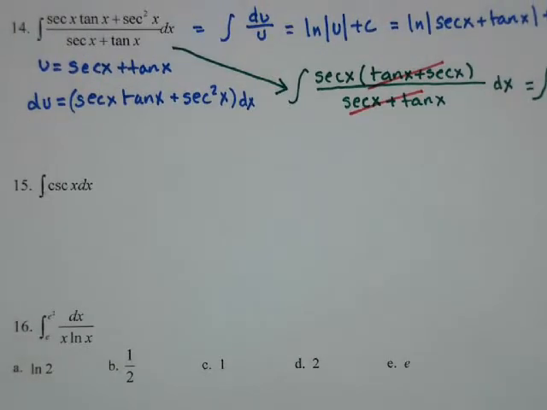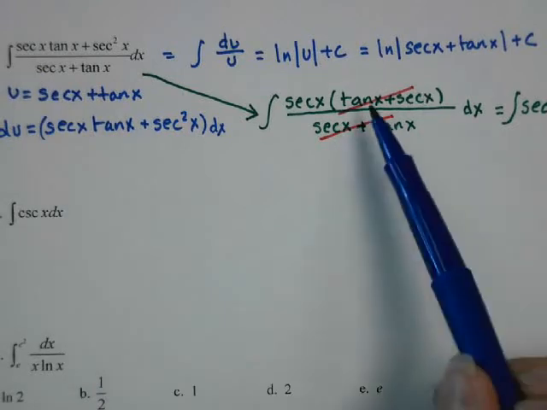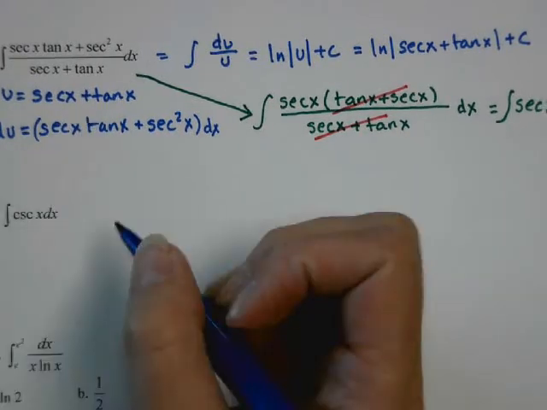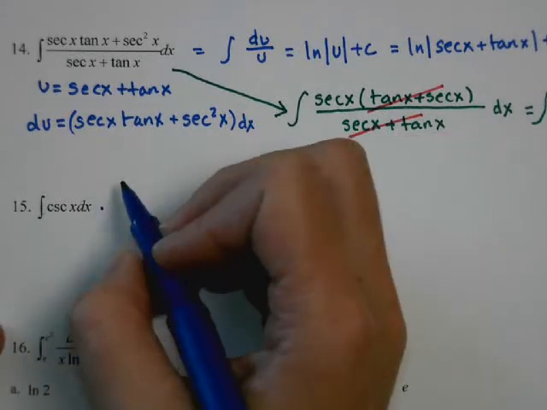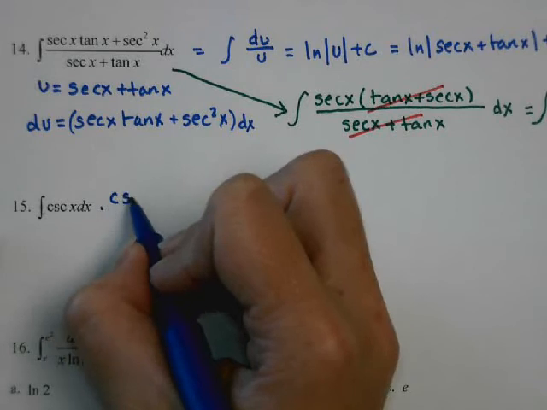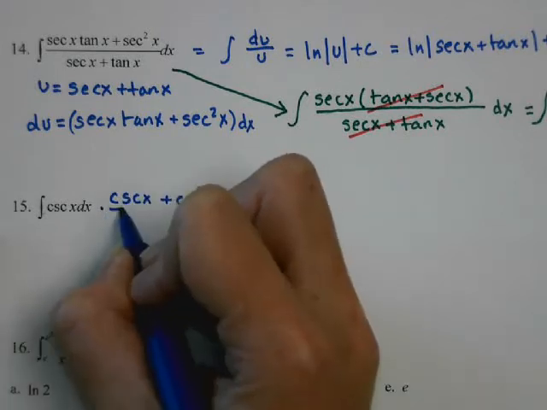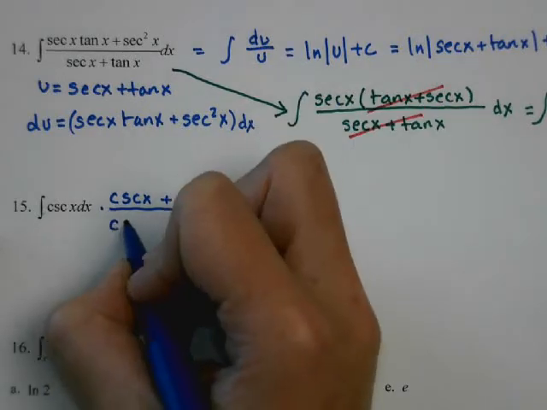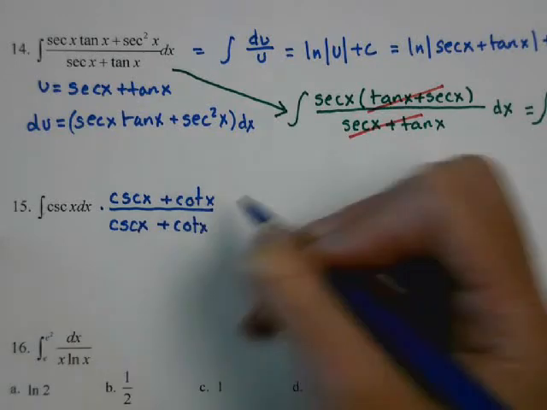All right, so what about cosecant? We're going to do this like the last one, just in reverse. So to get this integral, we multiplied by tangent plus secant. So here what we're going to do is multiply by cosecant plus cotangent over cosecant plus cotangent.